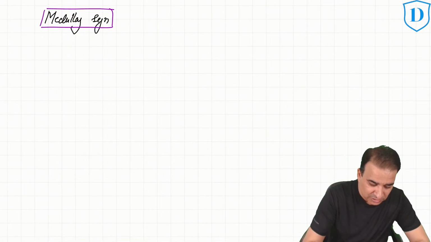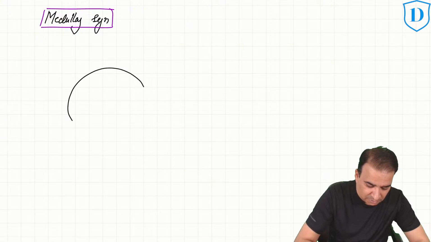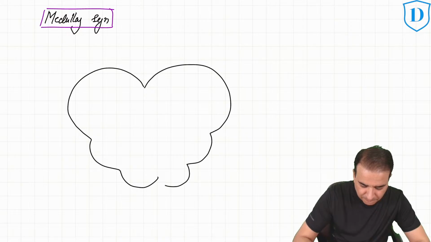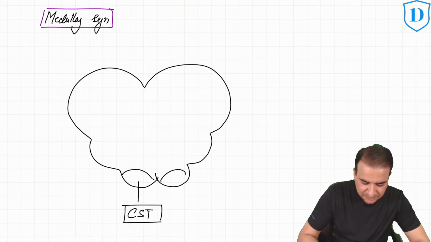But look at how the picture will look in the medulla oblongata transverse section. This is the transverse section of the medulla oblongata. This is the pyramid, where the corticospinal tract is. That's a pyramid जिसमें corticospinal tract present है.